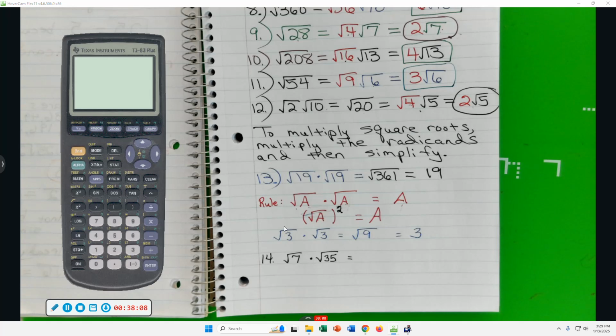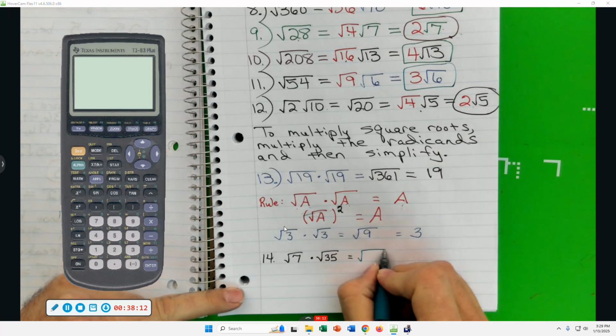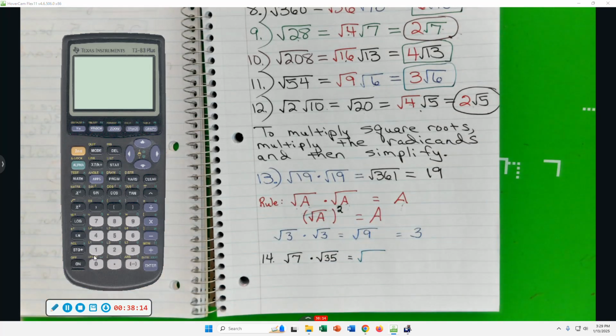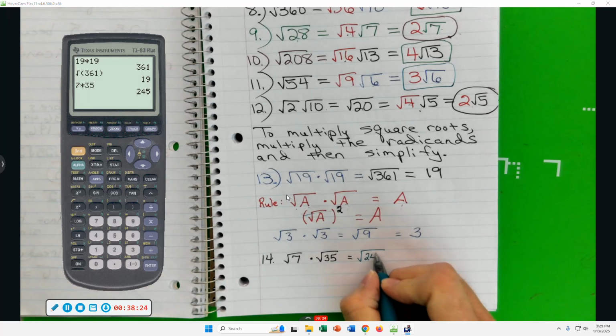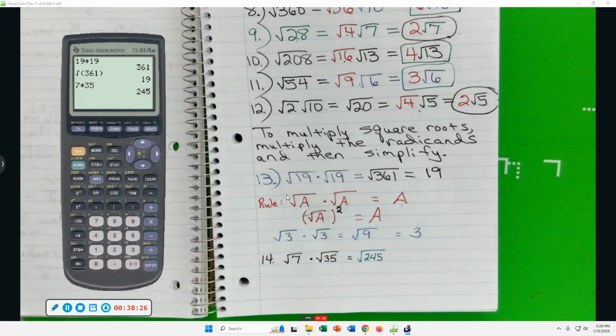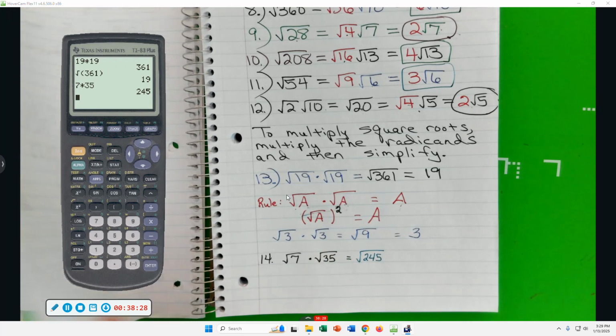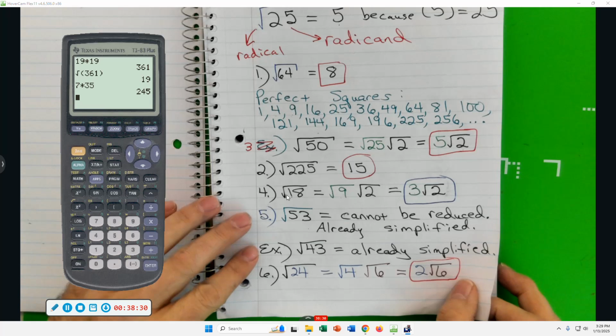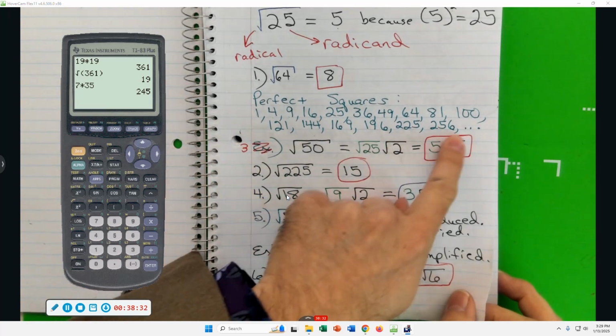So, talk me through. What am I going to do here? You multiply 7 and 35. Start off by multiplying 7 times 35. That's 245. And now we got to look through our perfect squares and try to figure out.